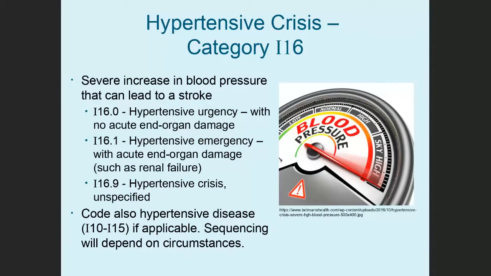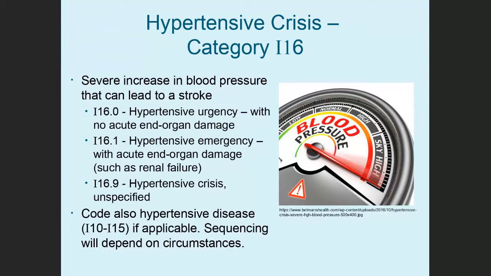Hypertensive crisis is a severe increase in blood pressure that can lead to a stroke. This is reported using a code from I-16. So you have I-16.0, hypertensive urgency, which means hypertensive crisis but no acute end organ damage at this time. I-16.1, hypertensive emergency, that is with end organ damage such as renal failure.